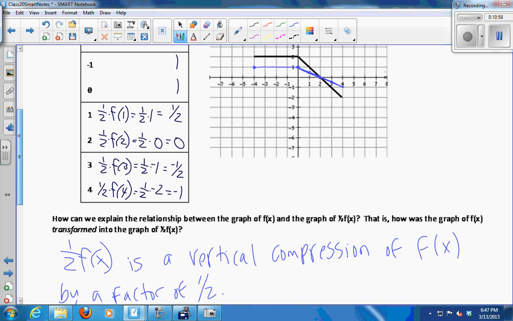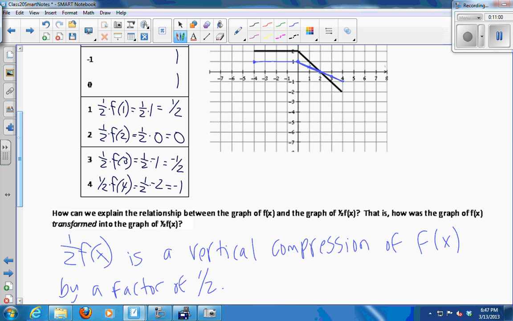So you can see what happens with the factors, because if you look at the original graph, what was its range? What was the range of my original f of x? The y value is where it lives. -2 to 2.